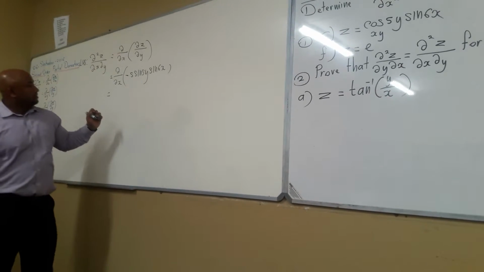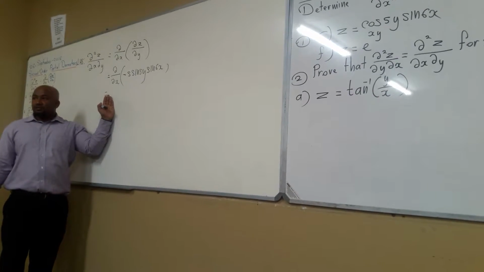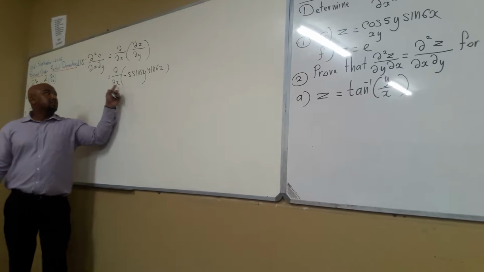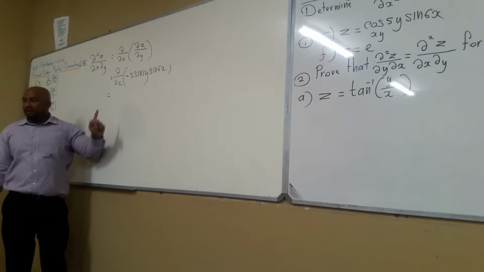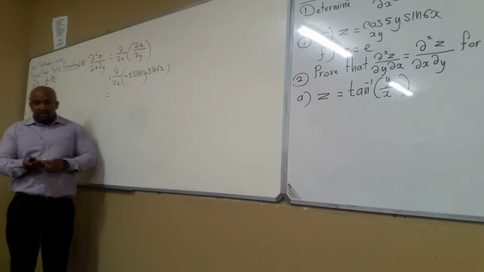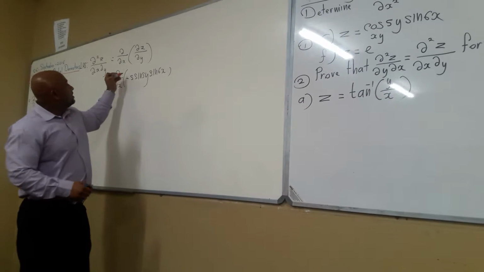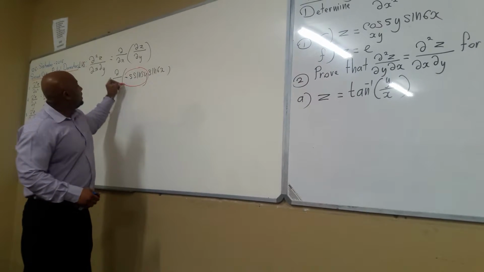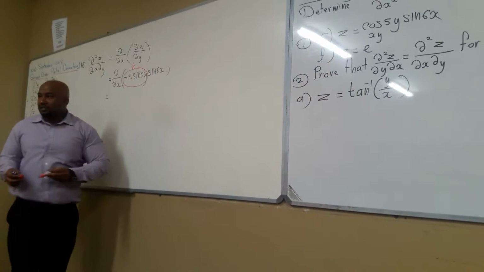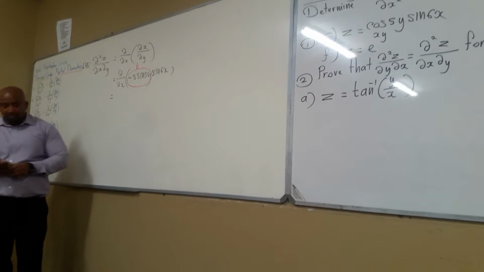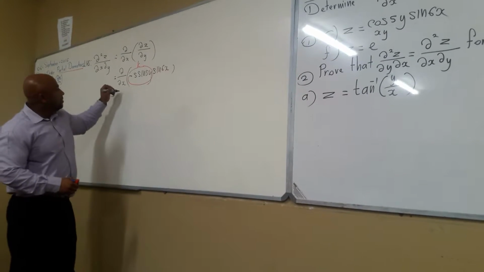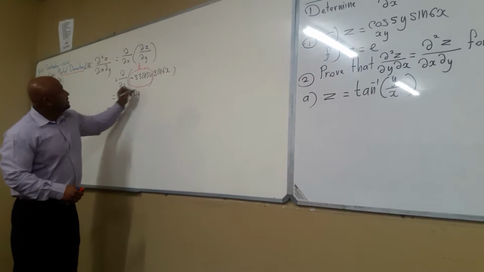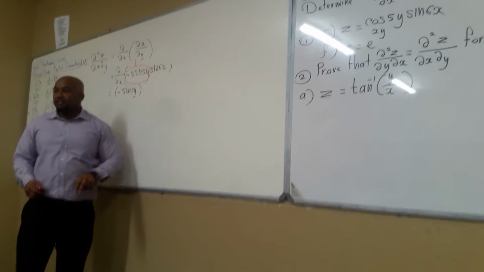Now, you wrote this down, so you know what to do now. You need to differentiate this with respect to x. It's clear now. So what will you do here? You will treat minus 5 sine 5y as a constant. So that will be minus 5 sine 5y times the derivative of sine 6x.